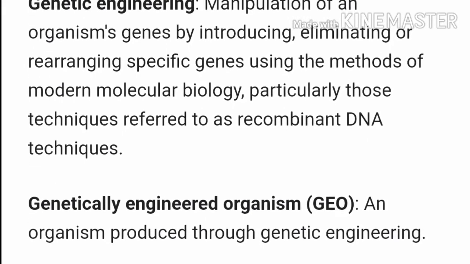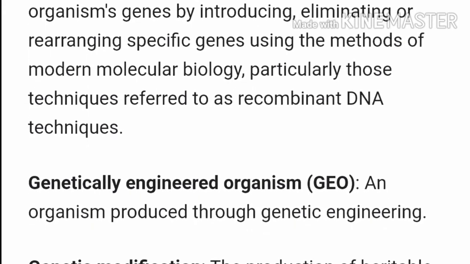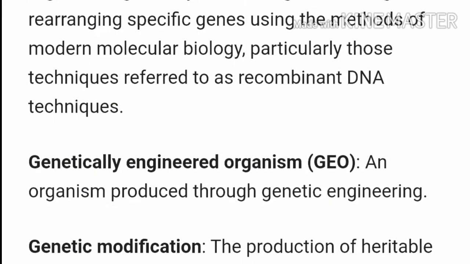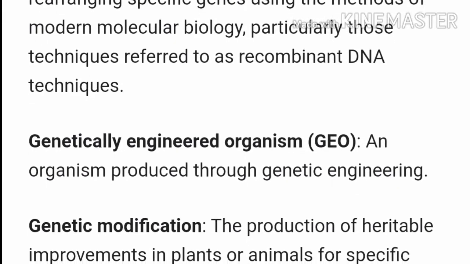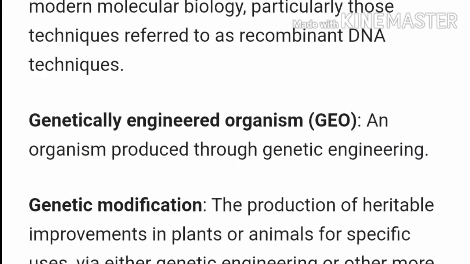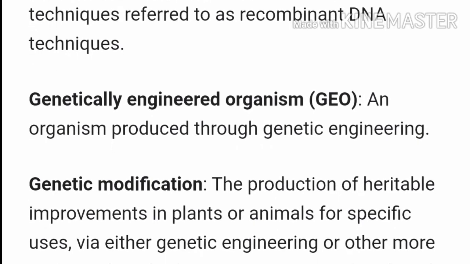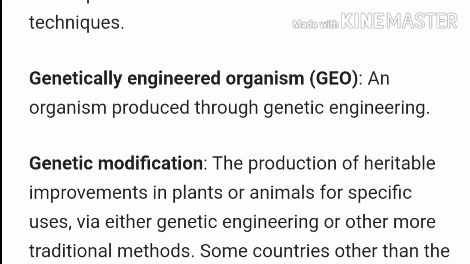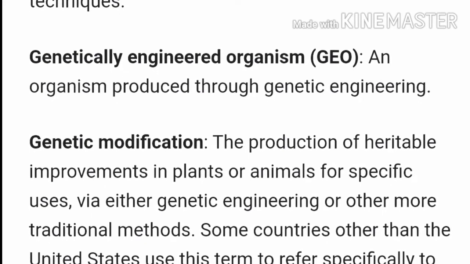Now next, genetically engineered organism or GEO, an organism which is produced through genetic engineering. Now next, genetic modification, the production of heritable improvements in plants or animals for specific uses via either genetic engineering or other more traditional methods.